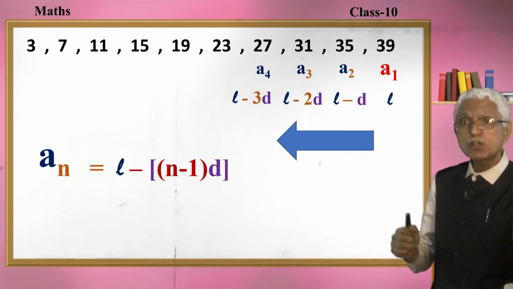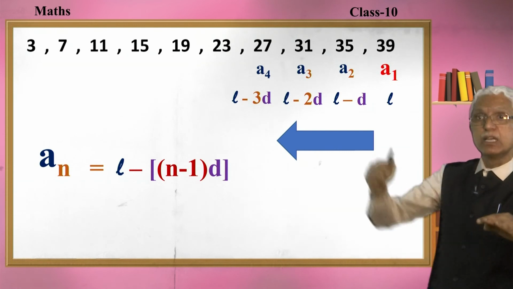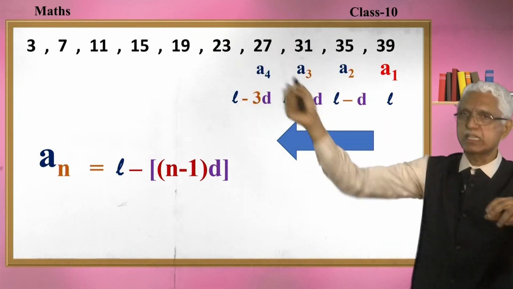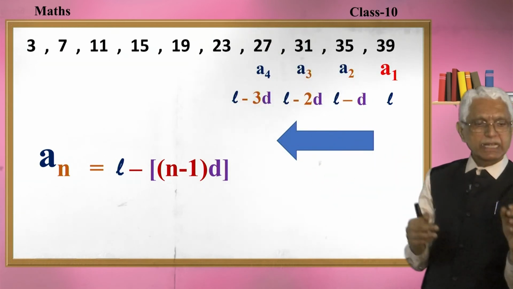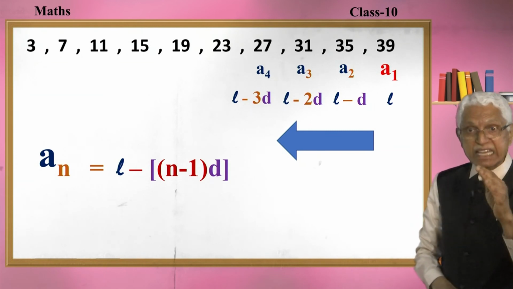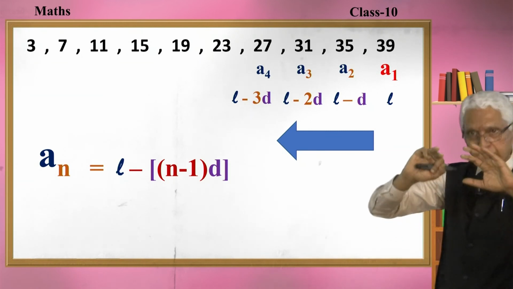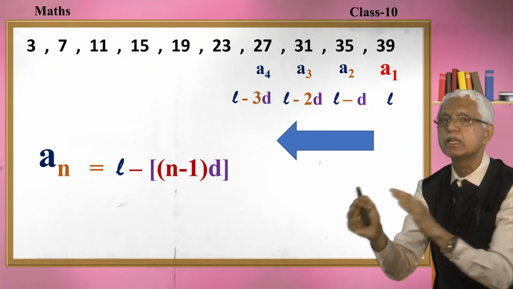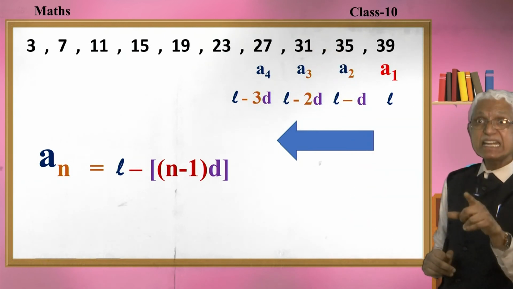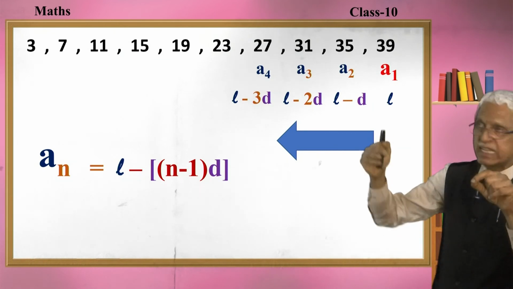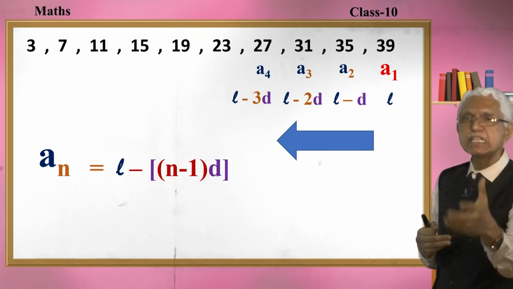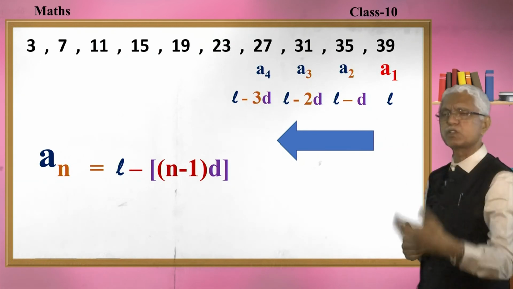So, if you want to find any term from the last term, correct? If you want the 10th term from the last term, 20th from the last, 16th term from the last, you can use this formula L minus (n minus 1) into D, where L is the last term, n is, if you want the 10th term from the last, n is 10. 15th term from the end, n is 15, and common difference is obviously identified.